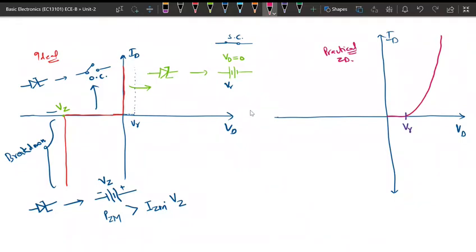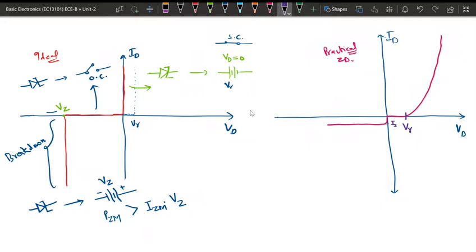Similarly, in the reverse case, its current will be saturated to the saturation current, IS, which we have already seen. That is a leakage current, or reverse bias saturation current, flowing through it. And there will be a voltage called the breakdown voltage, which we have already seen.